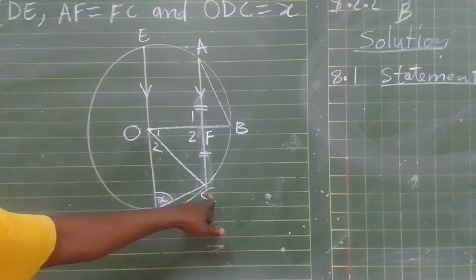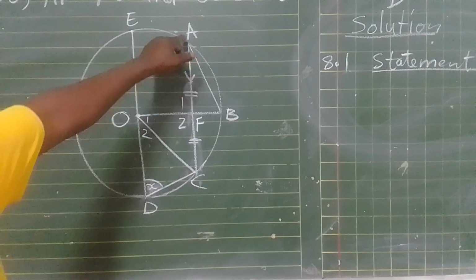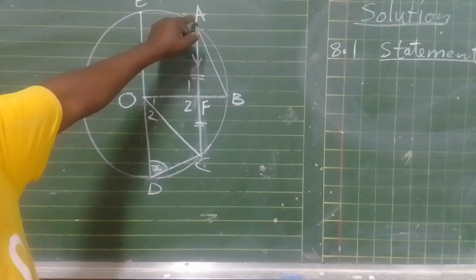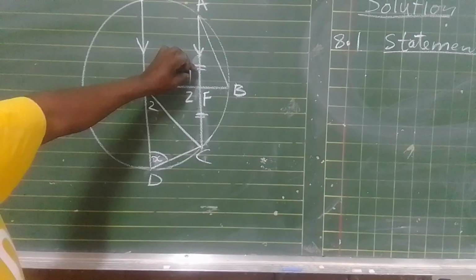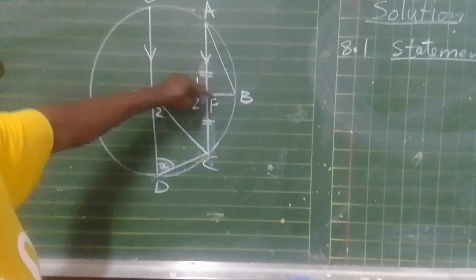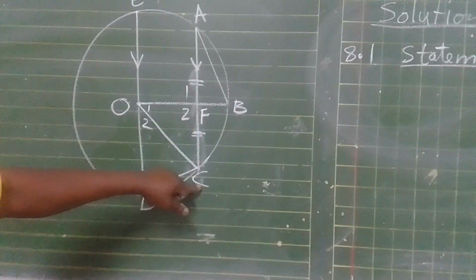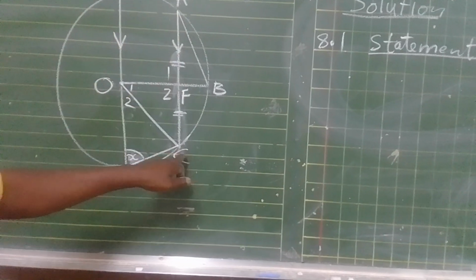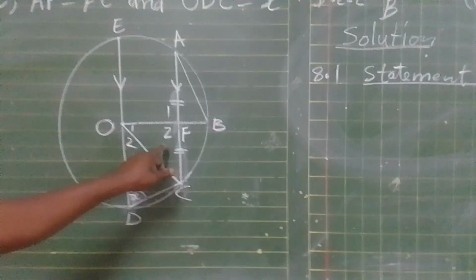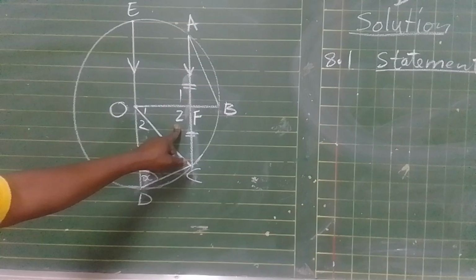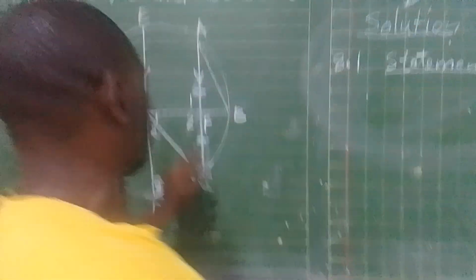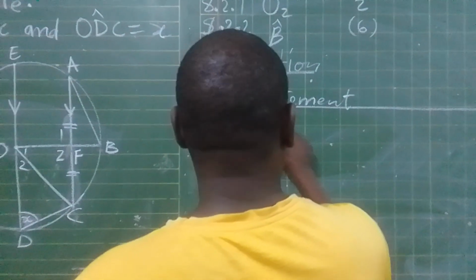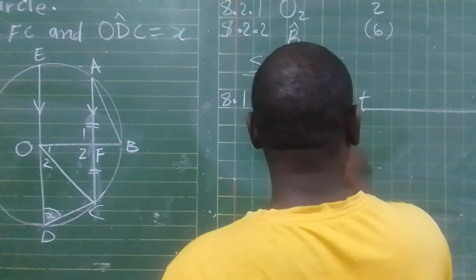There is a theorem that if the radius bisects AC into half, given that AF is equal to FC, it means that OB is perpendicular to AC. That means that F2 is 90 degrees. Let's write that. We say that F2 is equal to 90 degrees.